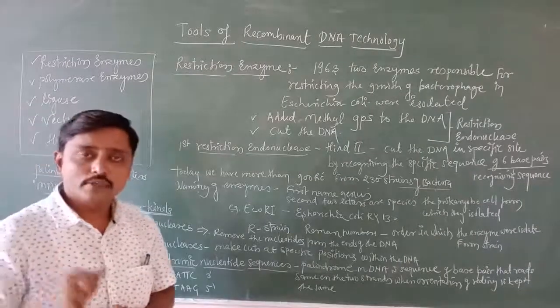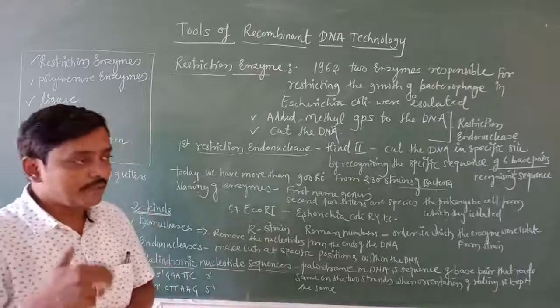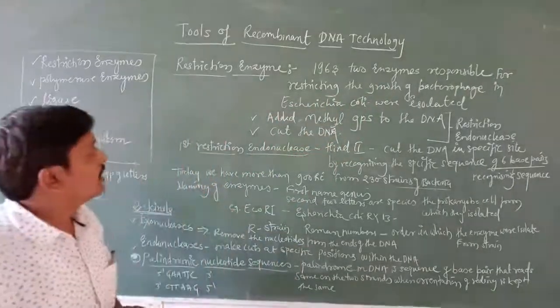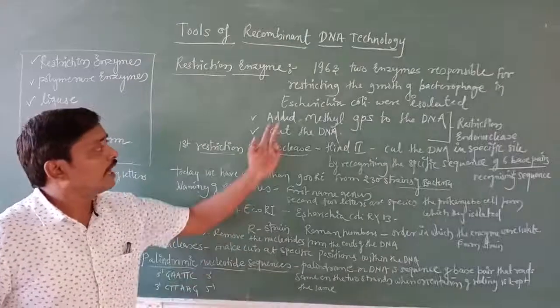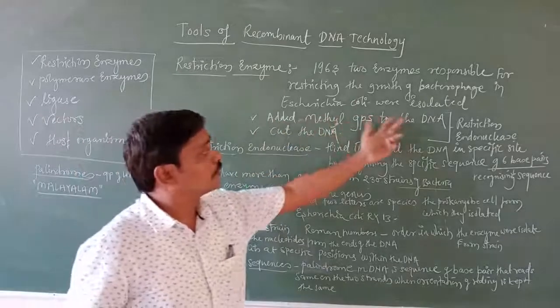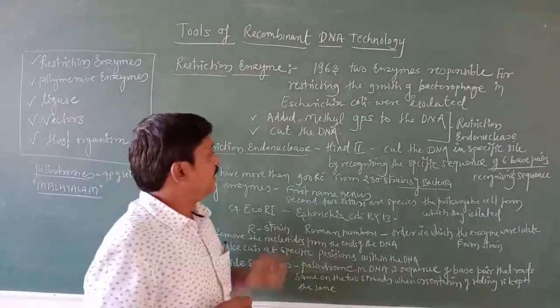There are two enzymes, and they play a role in restricting the growth of bacteriophage. One enzyme adds a methyl group to the DNA.